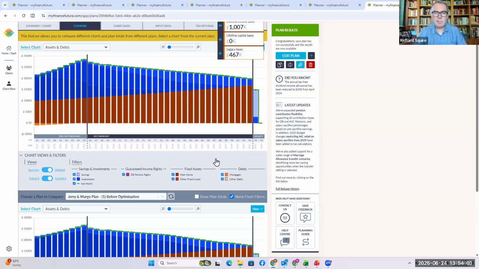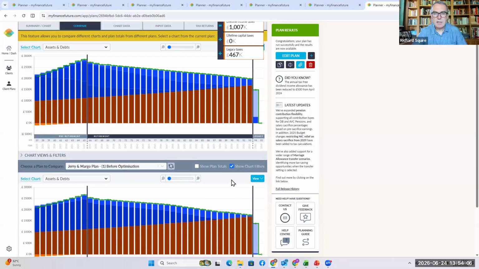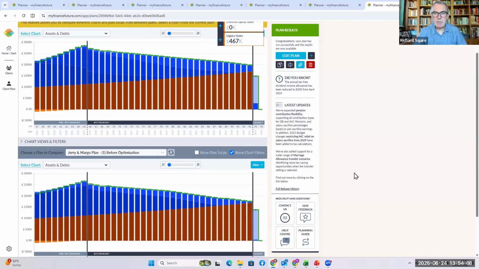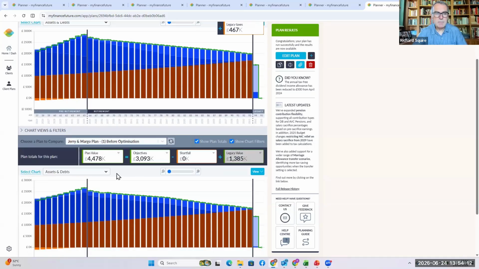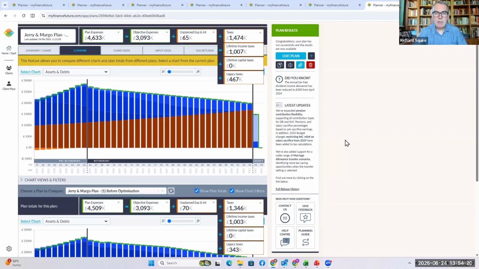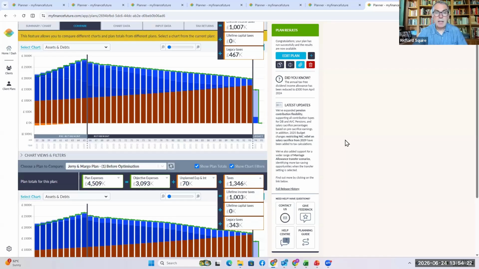And if we look at the starter plan, this will be interesting, because we've got a lot more income than the final plan. We might find that the final plan has more tax, even though it's got a better outcome. Yeah, so the final one has more legacy tax, which you'd expect, because there are more assets at the end.